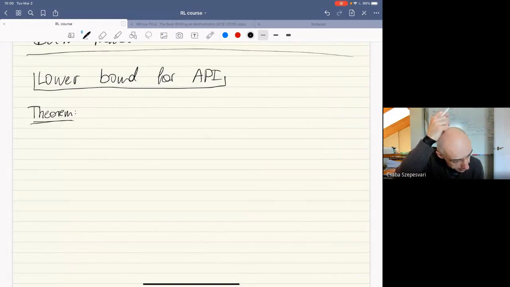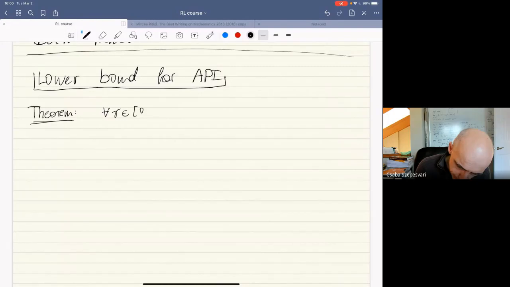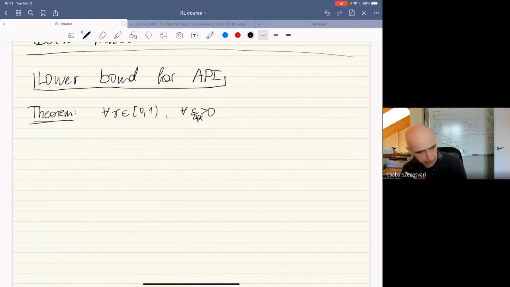It says the following: for every gamma, because we care about the scaling with the horizon, and I guess every epsilon as well, because we care about the approximation error, there exists an MDP.